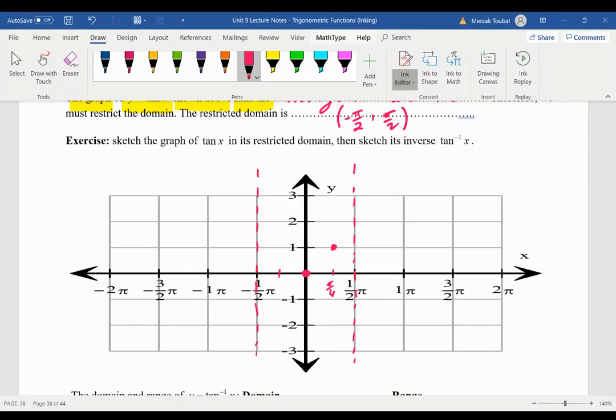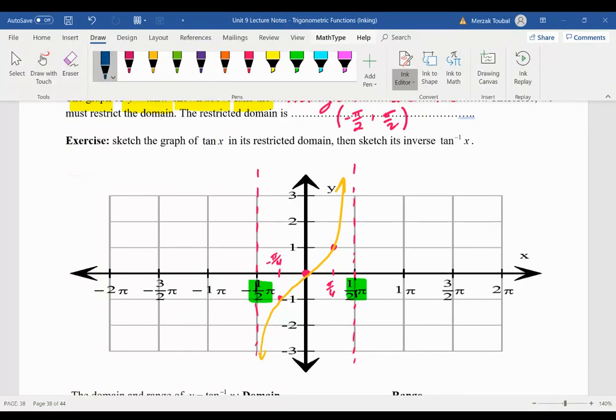And then tangent of negative pi over 4, that's a negative 1. And then we connect these points with a smooth curve. And that's the graph of tangent on the restricted domain, negative pi over 2 to pi over 2. Okay, good.